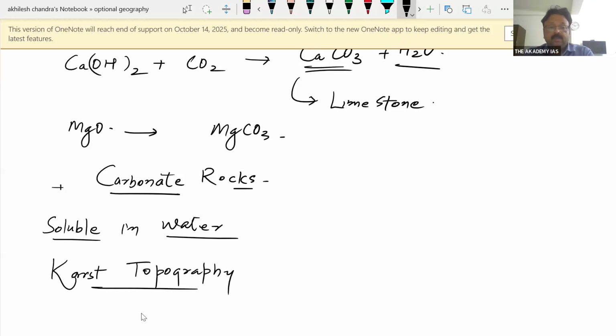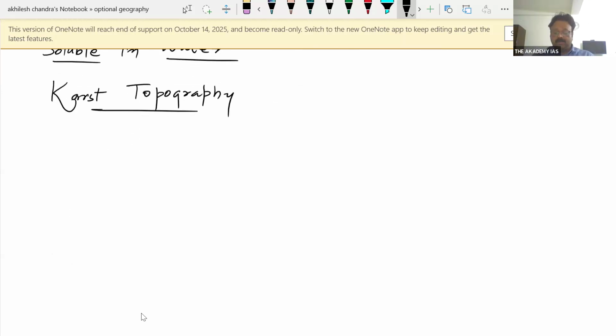Fine. Organically formed rocks are carbonaceous rocks. The first is calcareous, the second, children, is carbonaceous.